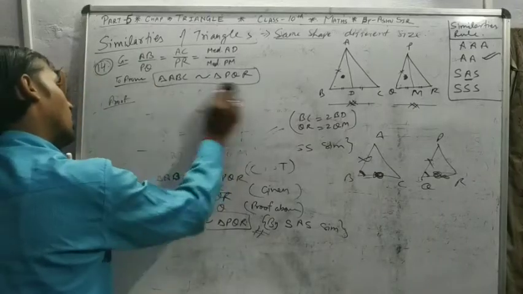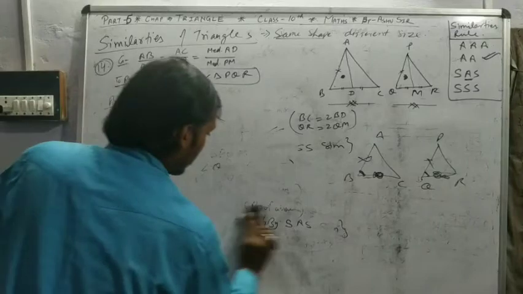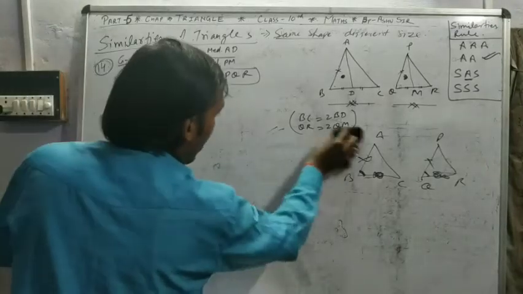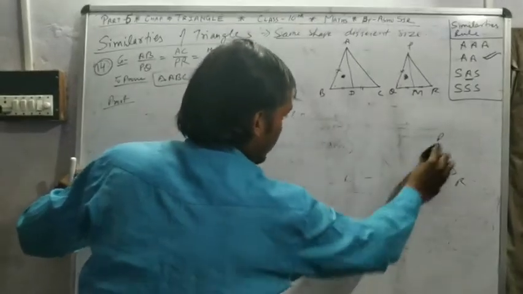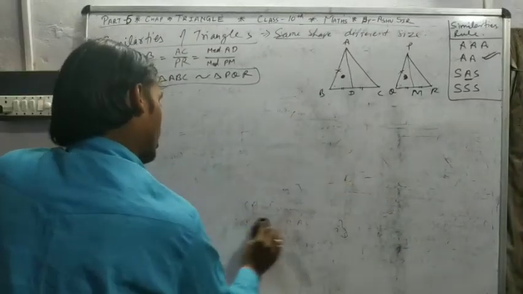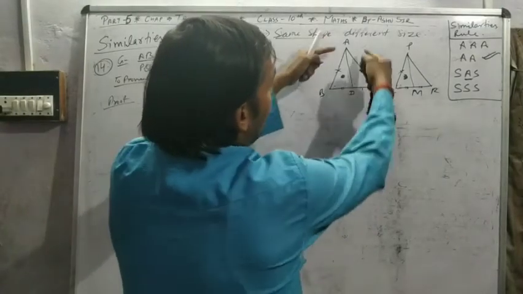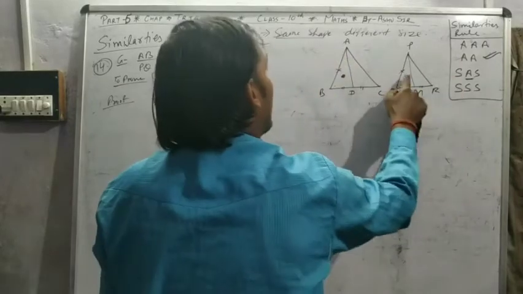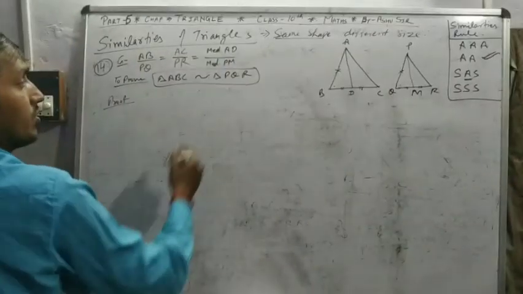Two sides' ratio is given and one median's ratio is given, means they are proportional. So prove that the triangles are similar. Only the difference is that in the previous question these two sides were given, here these two sides are given. So the concept is the same. We want to prove they're similar.